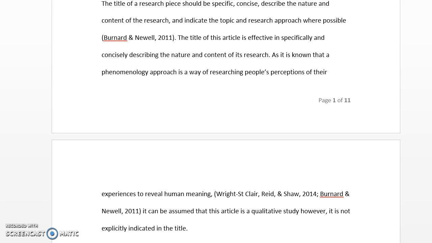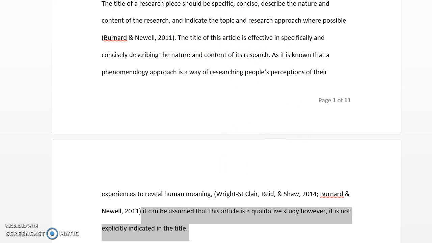And then she goes on to, as it is known that a phenomenology approach is a way of researching people's perceptions of their experience and revealing human meaning. Lovely. It can be assumed that this article is a qualitative study. However, it is not explicitly indicated in the title. Now, this last section is her critique. Okay. So what she's said is, it's concise, lovely.